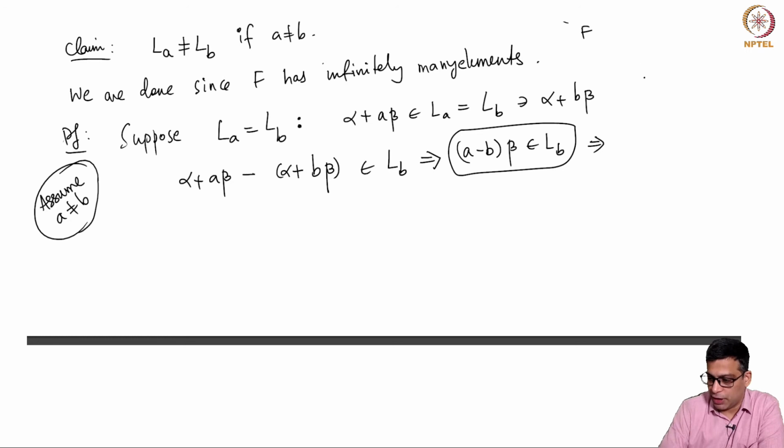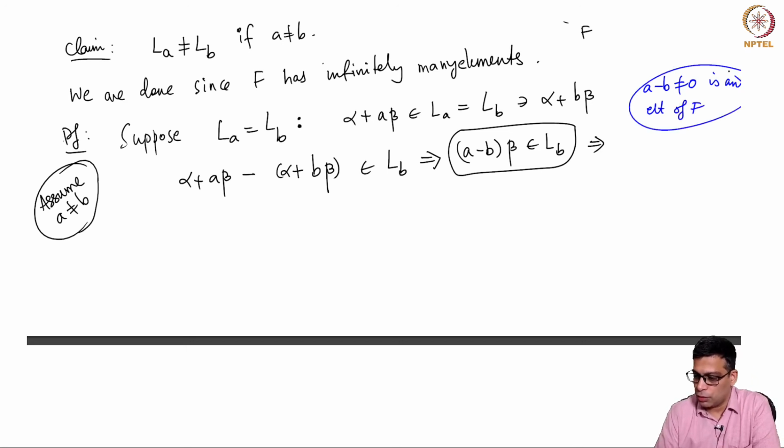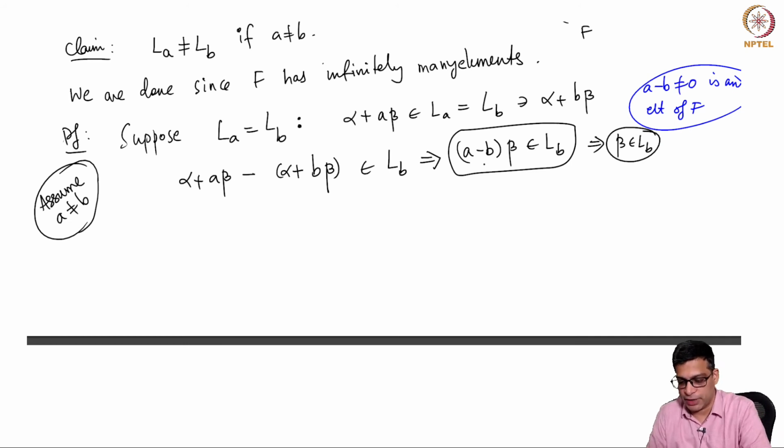So a minus b is non-zero, is an element of F, of course, because a and b are elements of F. So a minus b can be cancelled to get beta in L_b. This is the thing that I am after. So you divide by a minus b, or multiply by (a minus b) inverse, and you get beta is in L_b. Now I claim that this is not possible.